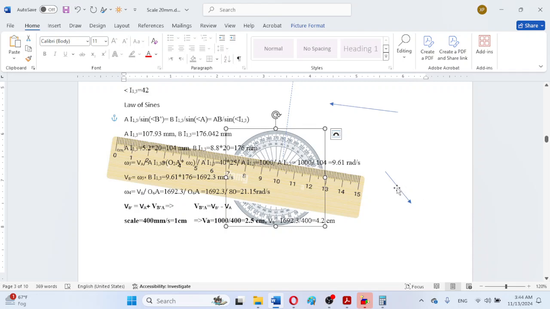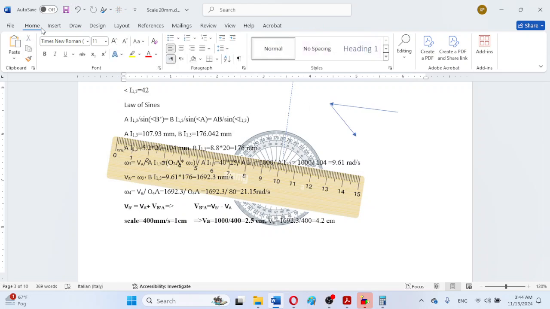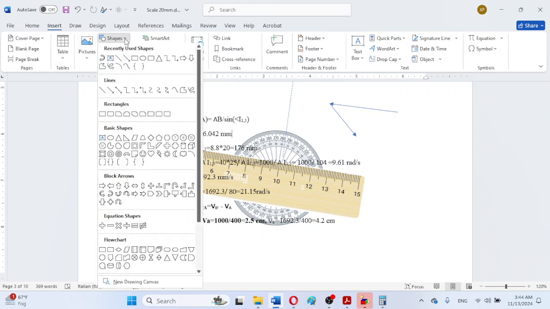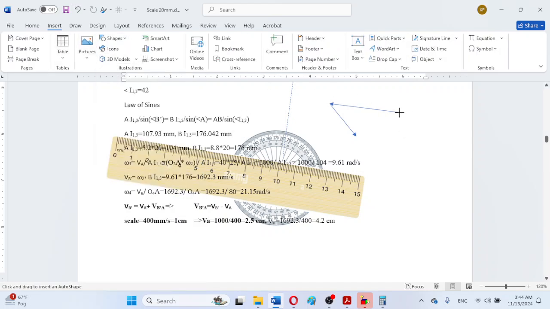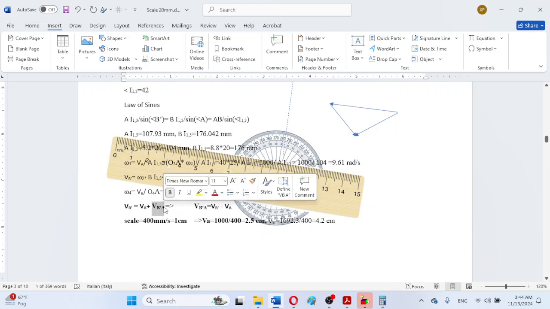So this will be vectorially added, the negative into it, and so the relative velocity vb dash a will actually start from here to here. So this velocity vector is actually vb dash a.